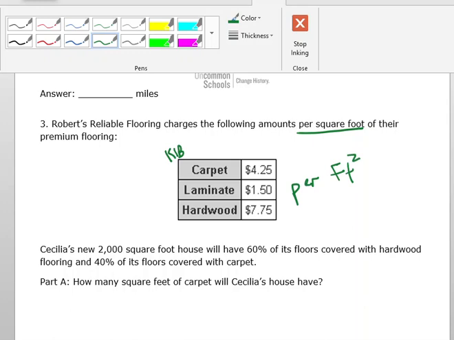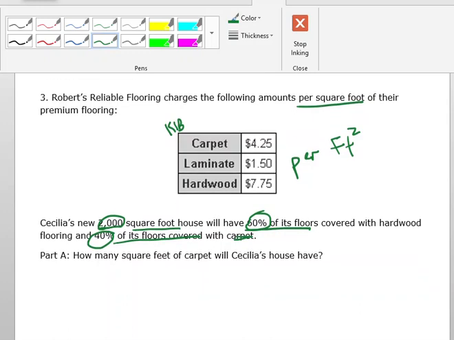Cecilia's new 2,000 square foot house will have 60% of its floors covered with hardwood flooring and 40% of its floors covered with carpet. How many square feet of carpet will Cecilia's house have?